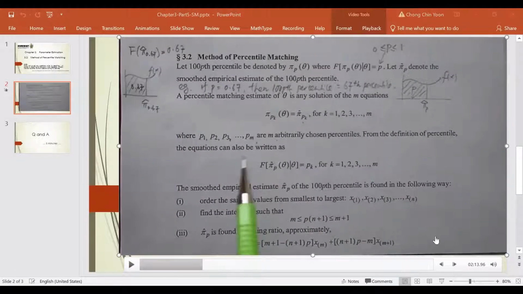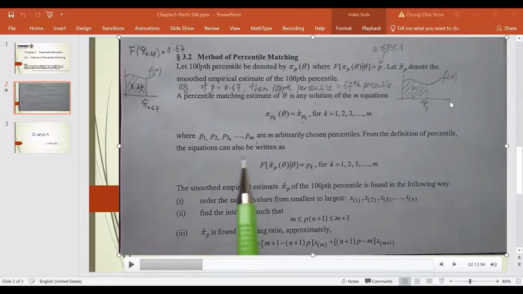Before we go further, I want you to understand what is meant by the percentile. The 100p percentile is represented by this pi_p. In risk theory, remember I told you pi_p is an observation. If this horizontal axis is the x-axis, represented by the observation x, then pi_p is one of the observations of x.